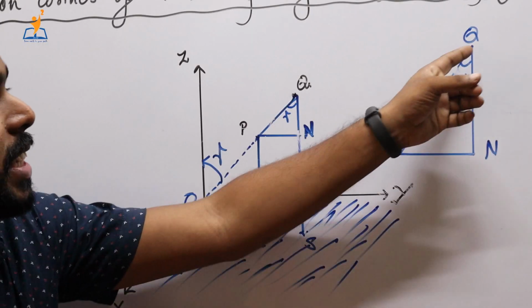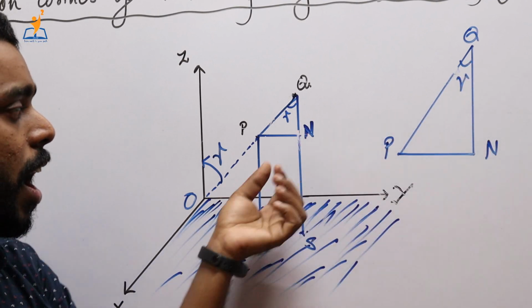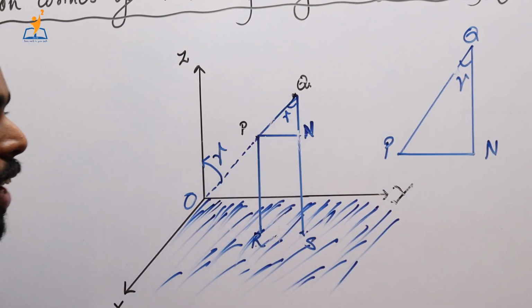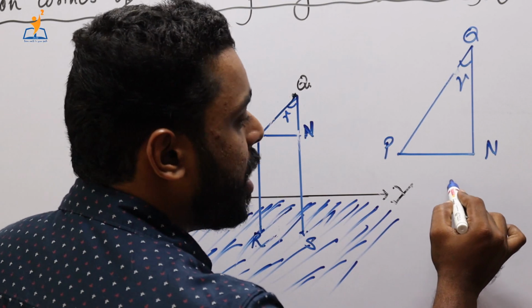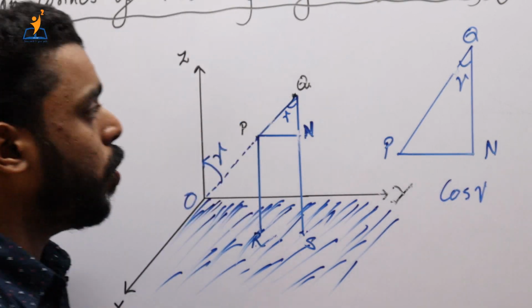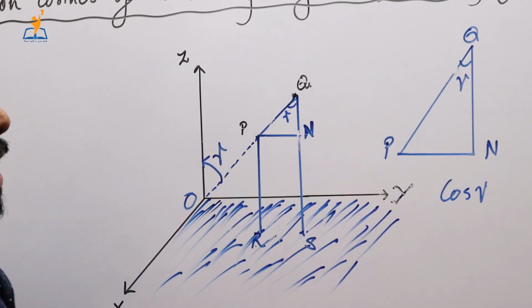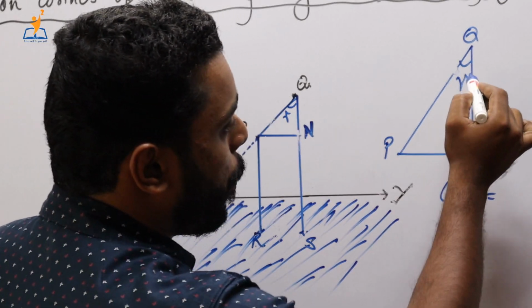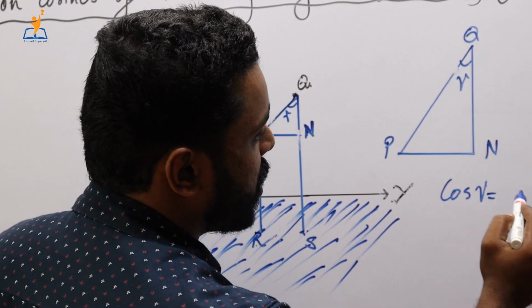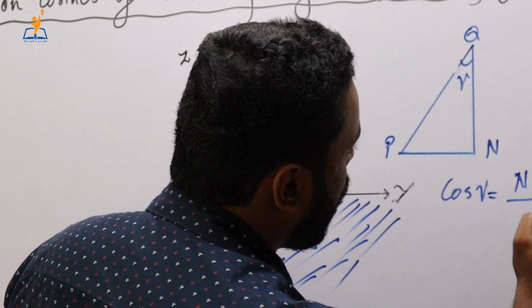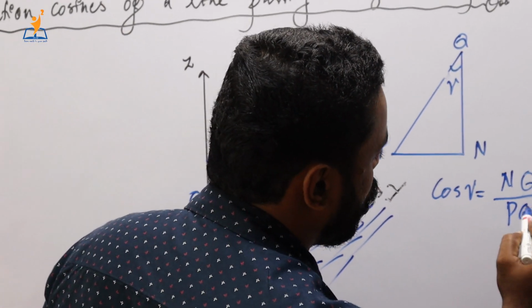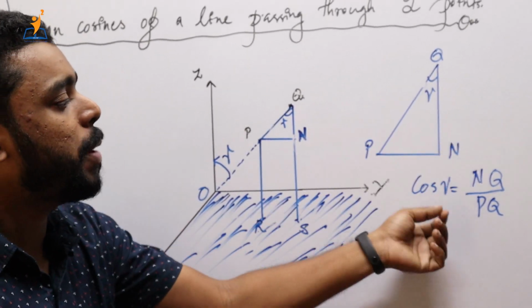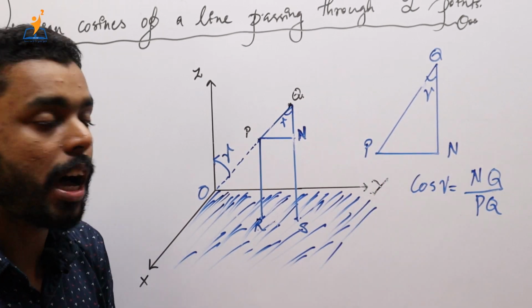So now you can see this is the enlarged version of this small triangle, right? From this we can easily find cos gamma. Now just observe, cos gamma is nothing but the adjacent side, which is NQ, by the hypotenuse, which is PQ. So NQ by PQ is nothing but cos gamma, right?